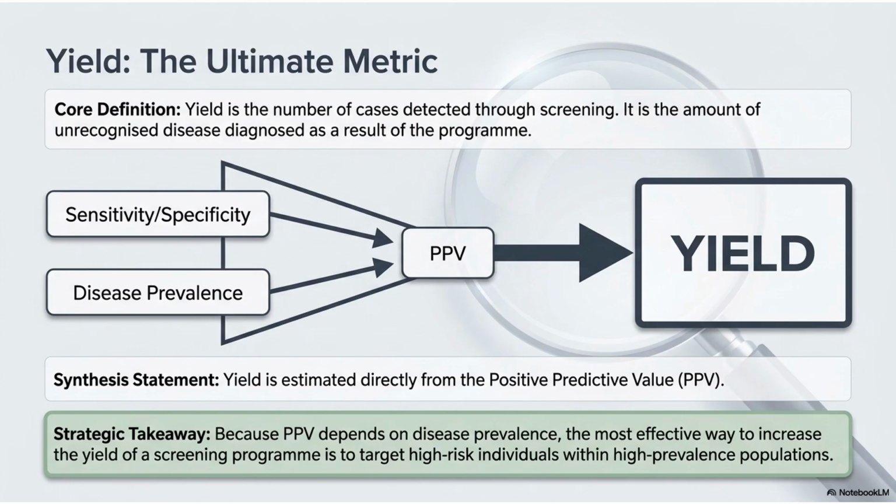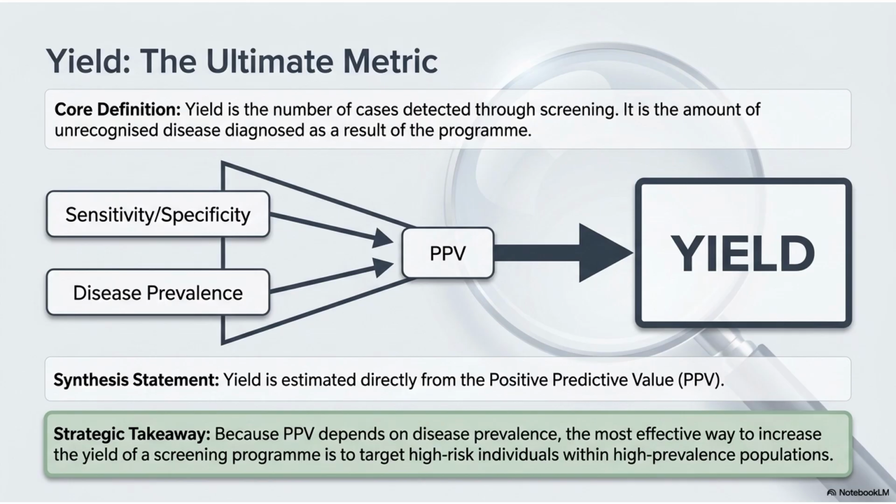So if the disease prevalence is good, and whatever screening test we are applying, its sensitivity and specificity is good, then positive predictive value will be more. If positive predictive value is more, then yield of the test will be good. So yield is estimated directly from the positive predictive value, and this positive predictive value will depend upon the disease prevalence.